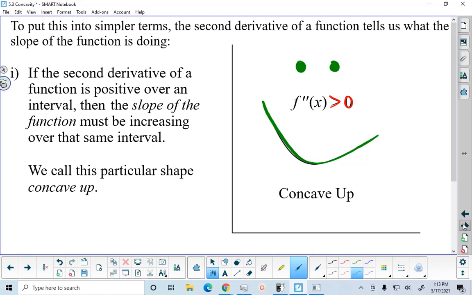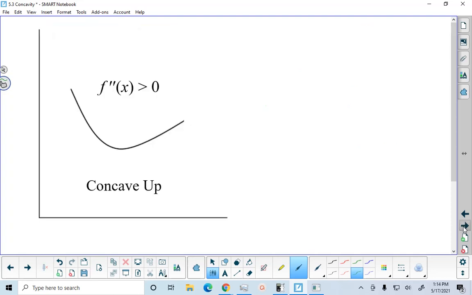Let's break this down a bit though. I told you that a second derivative being positive means the slope of the function is increasing. And I'm talking about increasing from left to right. So let's demonstrate that to be the case.